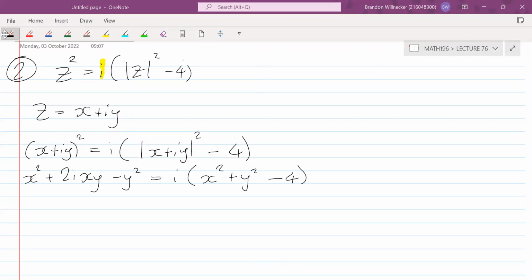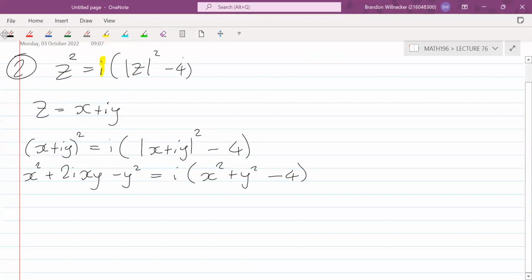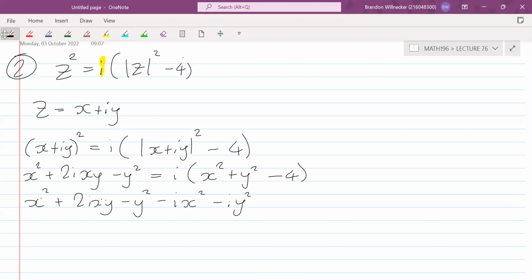Okay, so let's take everything over to the left-hand side and make it all equal to 0. So we're going to get x squared plus 2ixy minus y squared minus ix squared minus iy squared plus i times 4 is equal to 0. And we know that that 0 is actually a complex 0, because we've got real parts and imaginary parts to deal with.